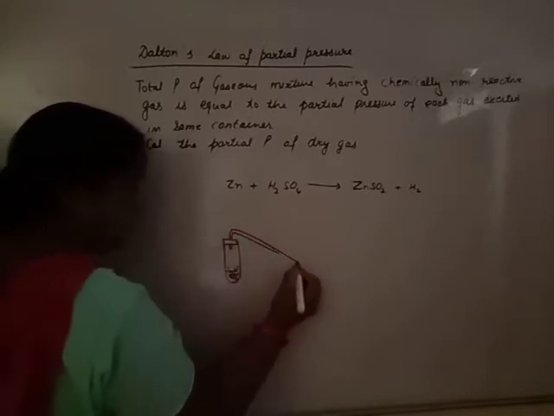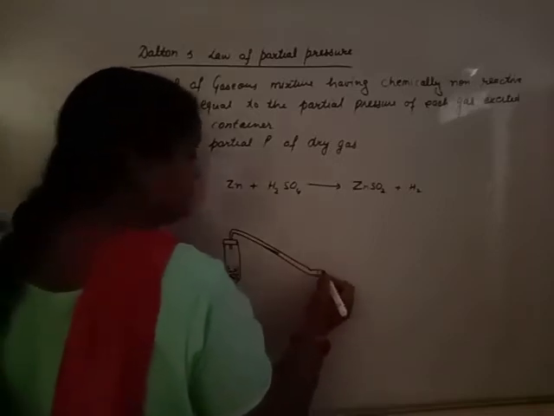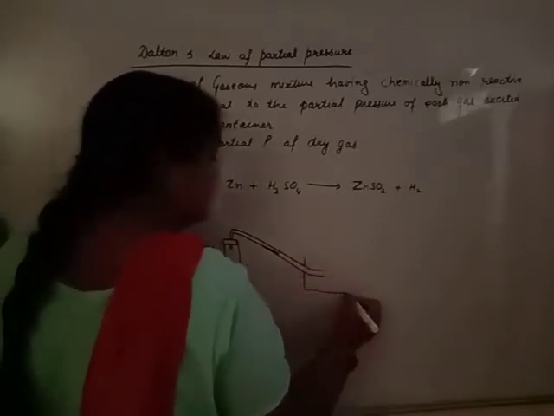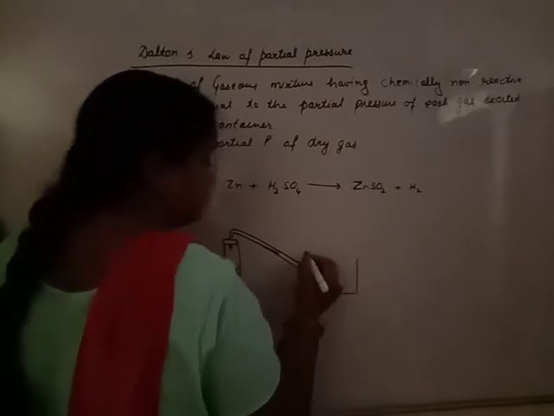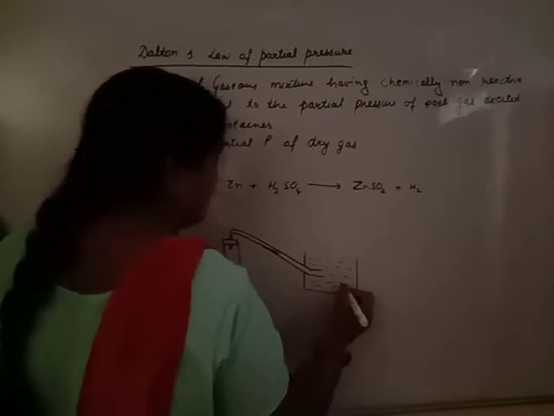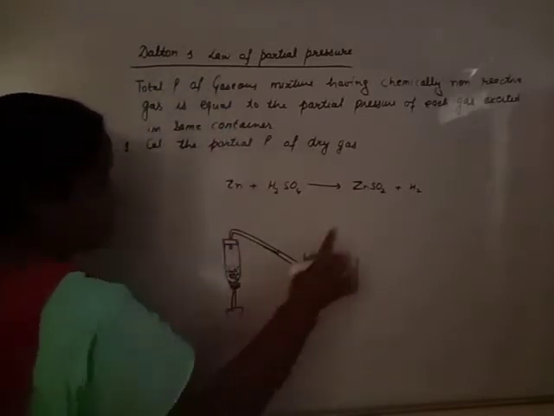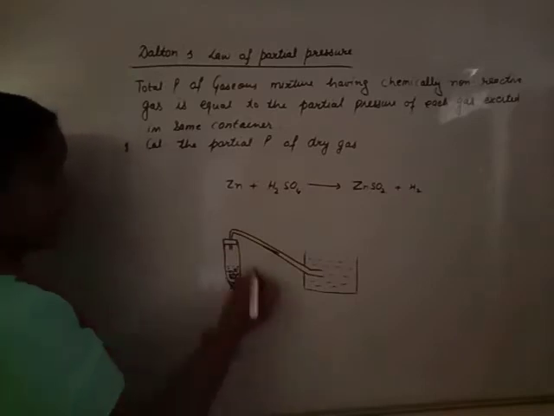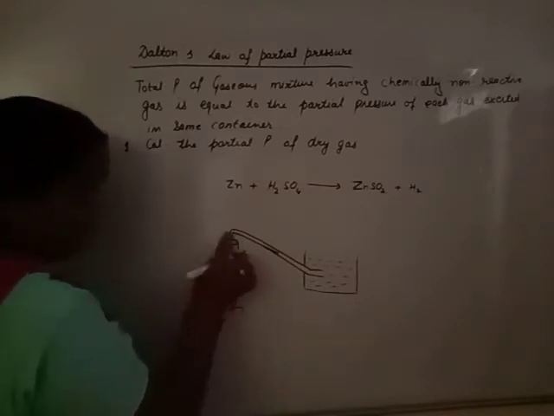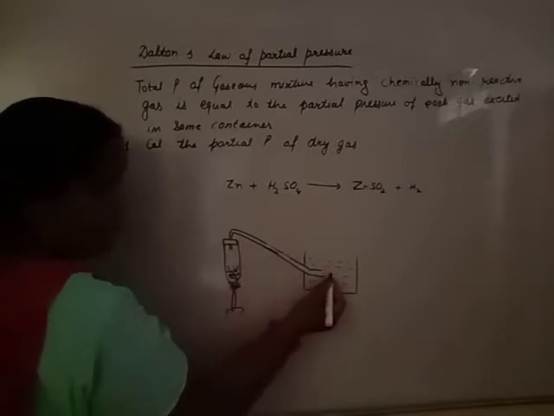This delivery tube is dipped in a container of water. On heating, gas is produced. This gas moves out from the test tube through the delivery tube and enters the water in the form of bubbles.